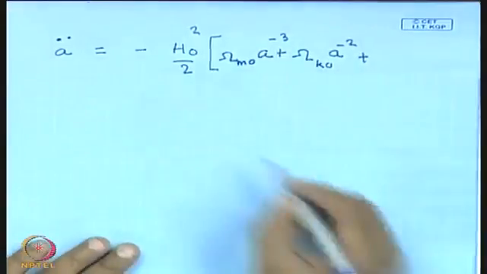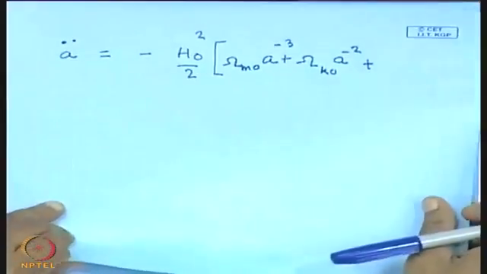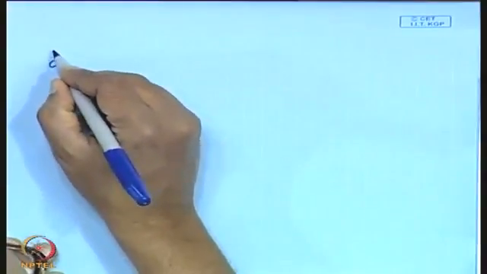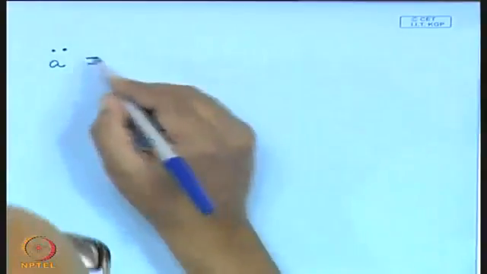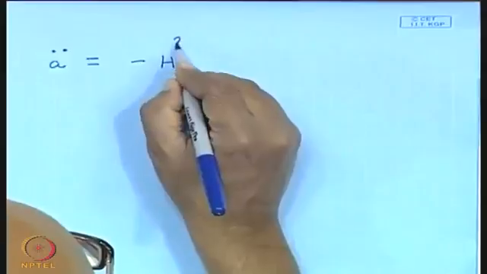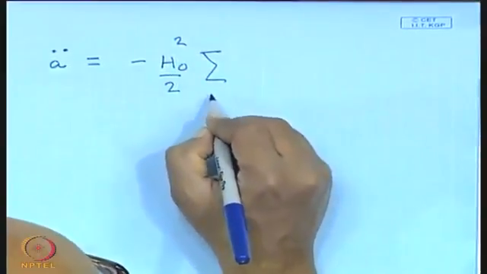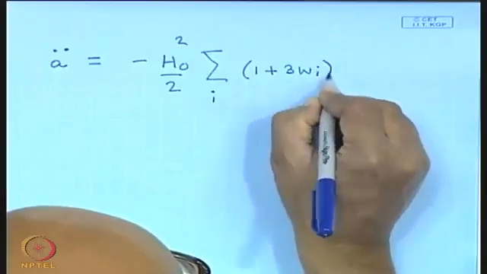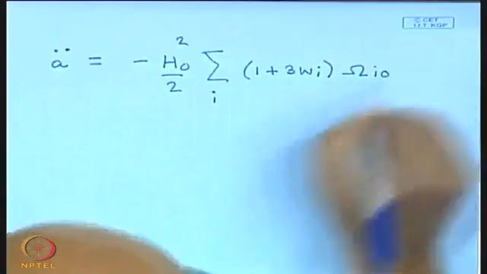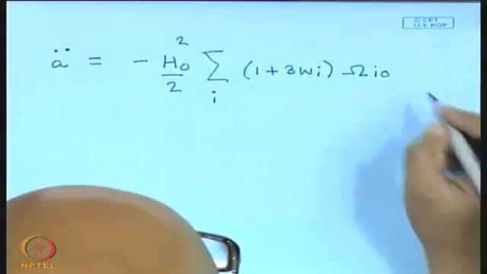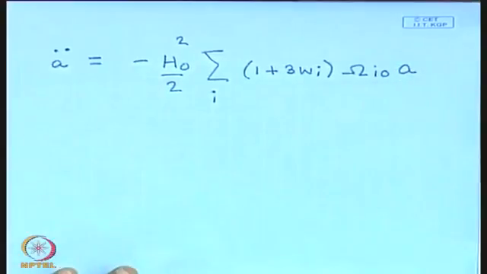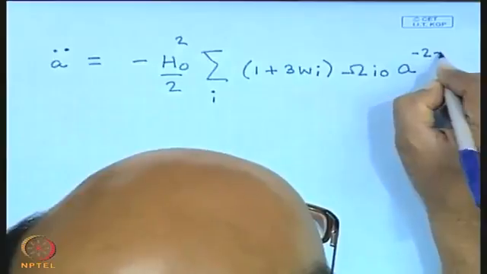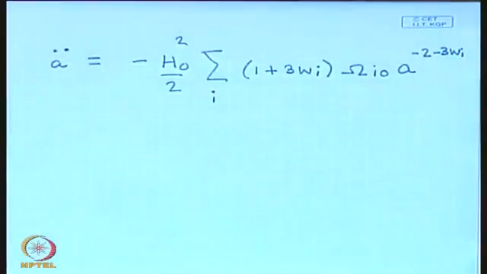Suppose we have a model which has got matter and cosmological constant, or various components, then the equation is that a double dot is equal to minus H naught squared by 2 times the sum of the contribution from each component, (1 plus 3 w_i) into omega_i naught into a to the power minus 2 minus 3 w_i.